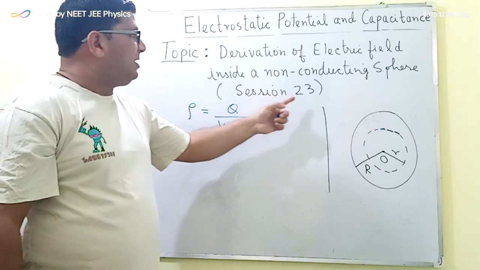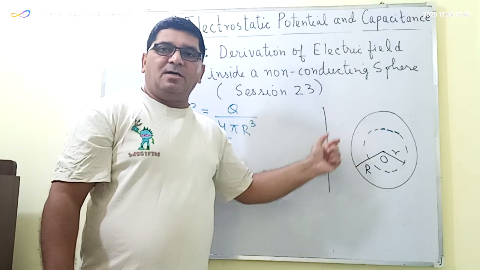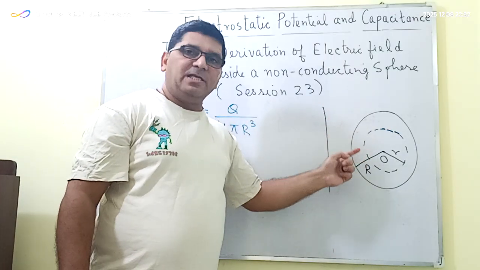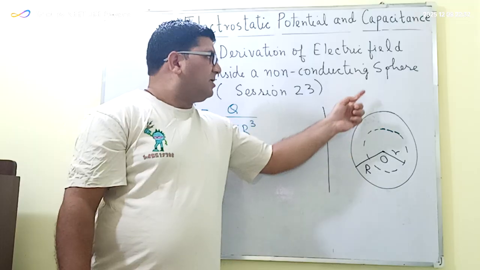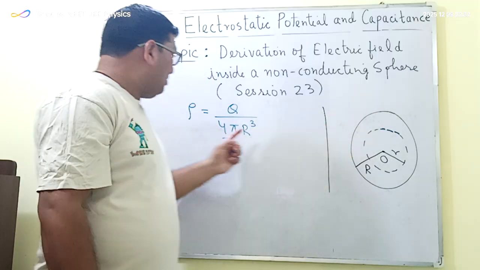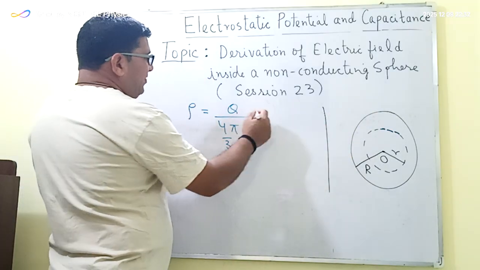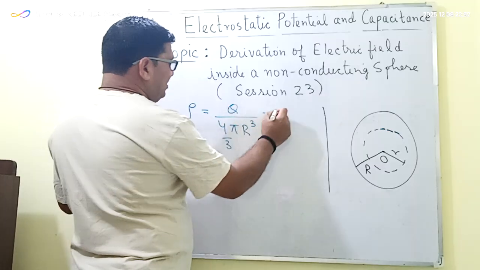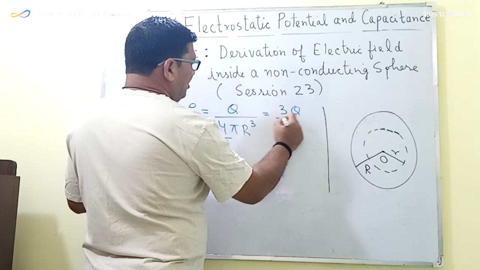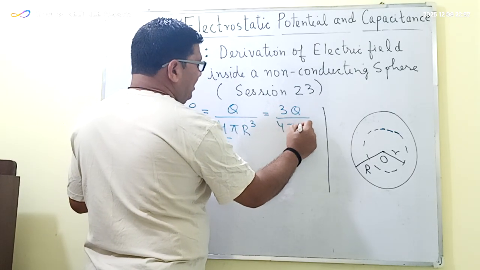In a non-conducting sphere, the charges are uniformly spread throughout the volume, so the volumetric charge density will be equal to 3Q divided by 4 pi capital R cube.